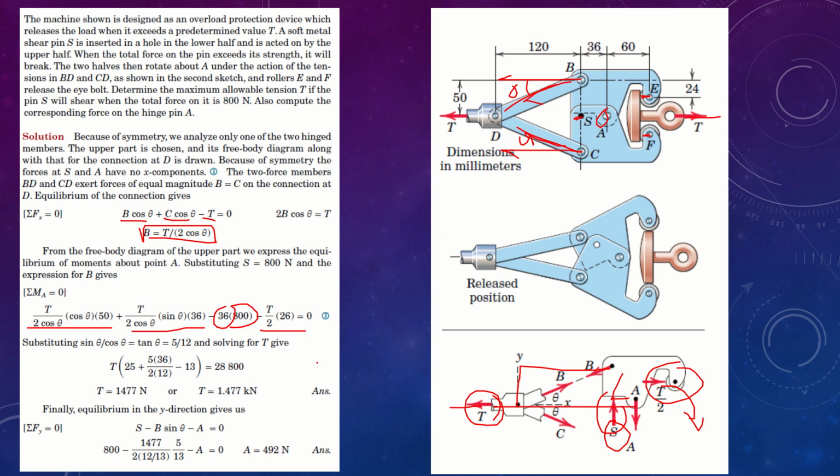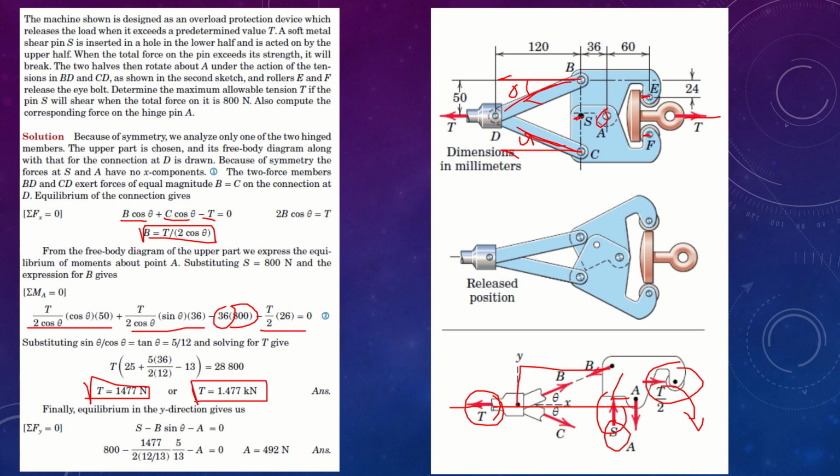This is going to cause the system to rotate, and all of it has to be equal to 0. This is only from one side. As a result, you put in this value and you find the value of B. You put the entire value right here in T, and you can find the value of T to be 1 point something kilonewtons.